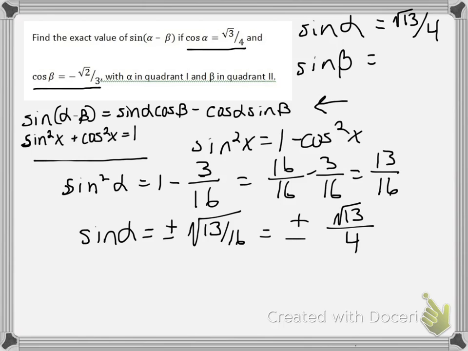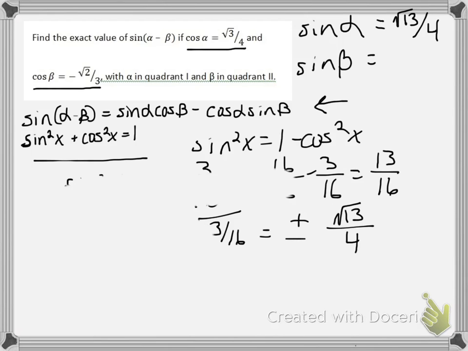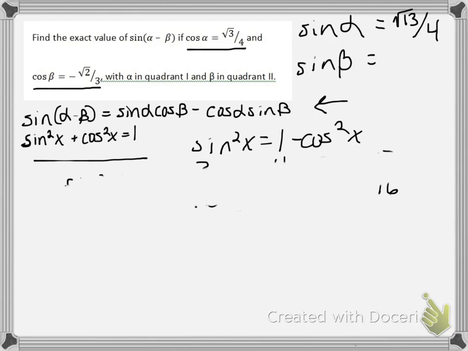Okay, so now we know the cosine of both alpha and beta, and we know the sine of alpha. We need to find the sine of beta next. So let's find the sine of beta. We're going to use the same identity, the sine squared of x equals 1 minus cosine squared of x. So we know that the sine squared of beta equals 1 minus the cosine squared of beta. The cosine of beta is negative square root of 2 over 3.